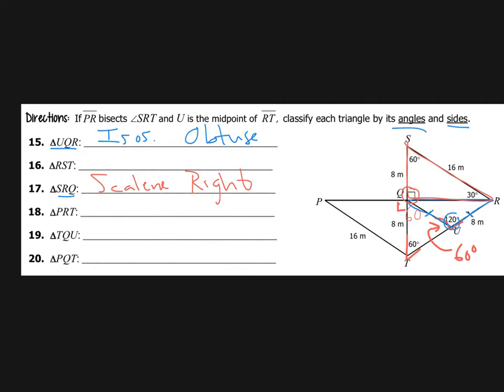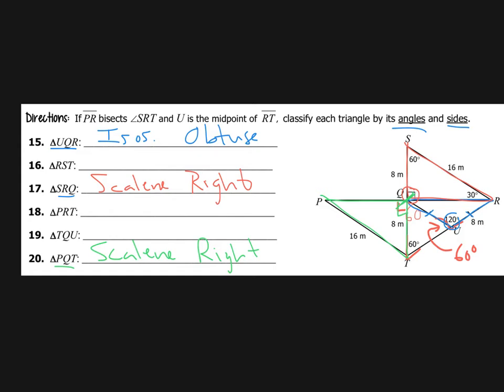And then we'll skip down to say PQT. So P to Q to T. Again, don't know anything about the side lengths, but I do know that this is a right angle right here because they're vertical. So I suppose that that's also going to be right for an angle name and scalene for a side name.